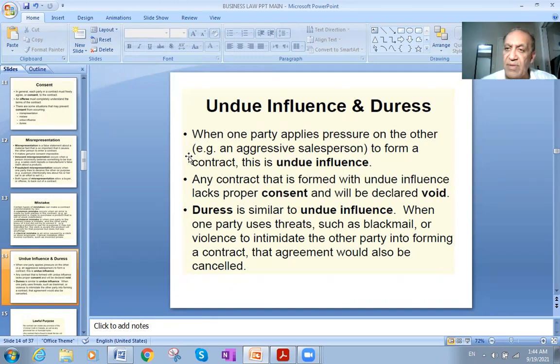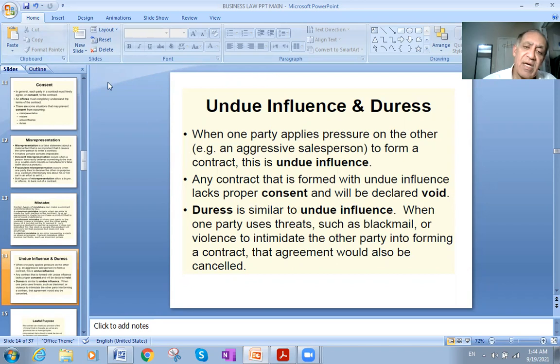Or you must buy it. Hey, you must buy this. This kind of aggressive behavior from the salesperson can also make the contract void. Void means as if it is not there, as if it should be cancelled.